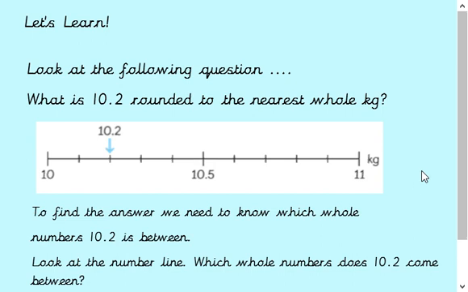So we know that rounded to the nearest whole number, it will be one of those two numbers. We can see here 10.2 is closer to 10 than it is to 11. So we know that if we're going to round 10.2, it will be rounded down to 10.